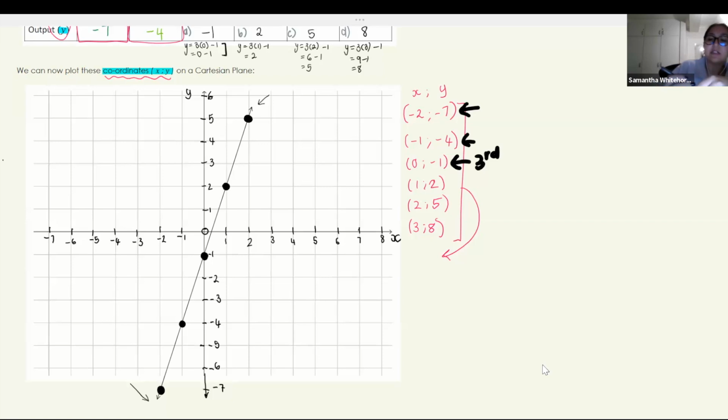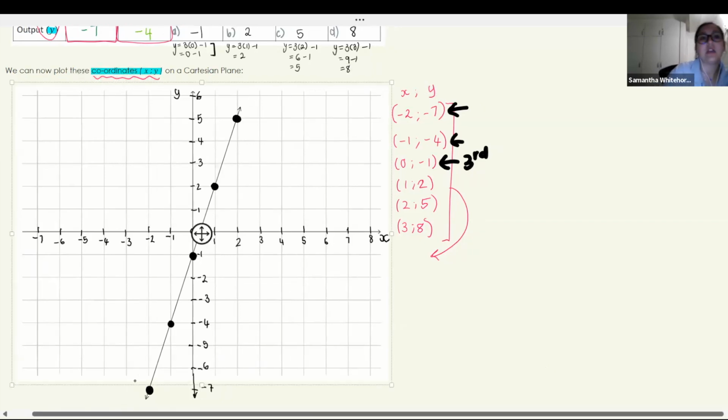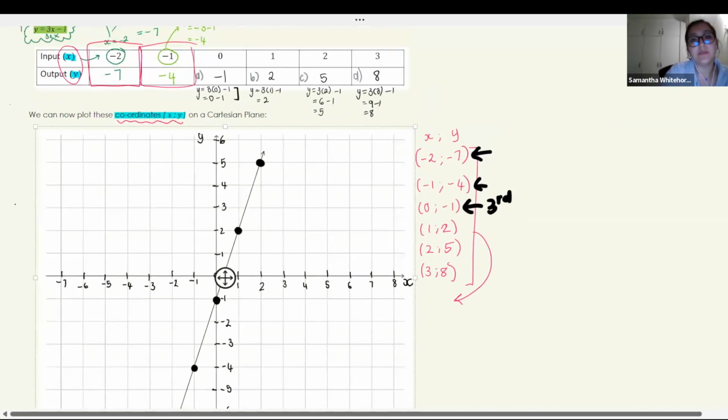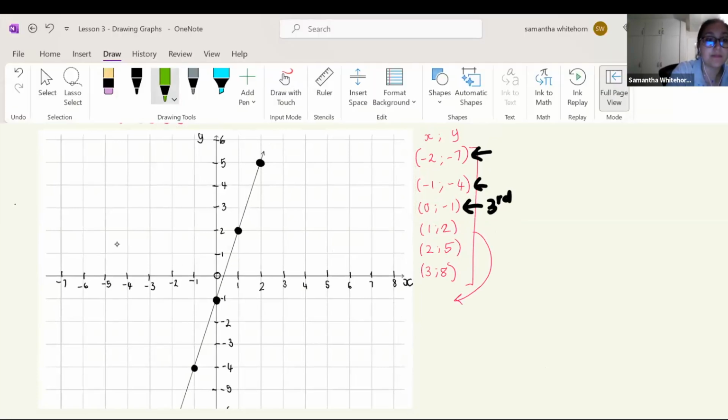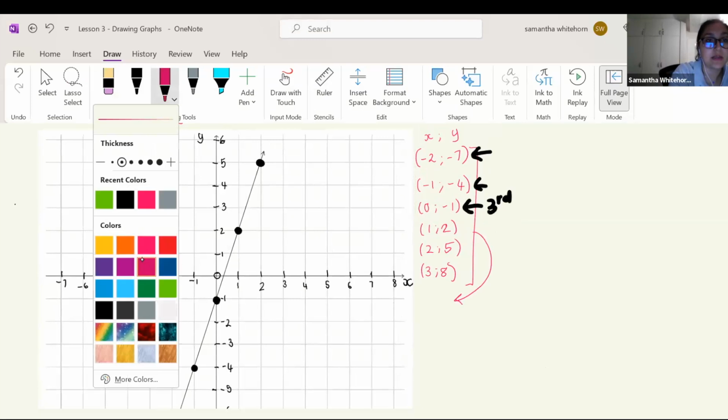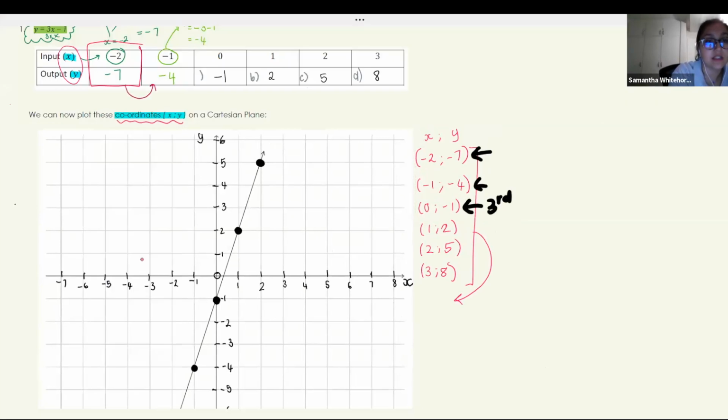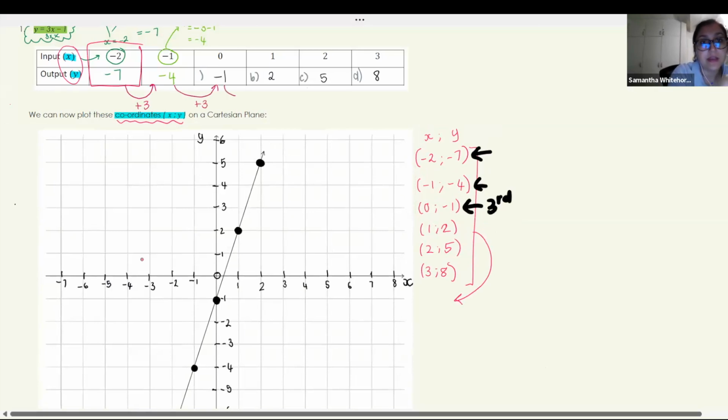Now let's chat for a second about why it is linear. So if we go back up to our table, or even you can use your coordinates, it really doesn't matter, we just look at the pattern that our y values or output values create. So what am I doing from -7 to -4? Well, I'm adding 3. -4 to -1, I'm adding 3. -1 to 2, I'm adding 3.